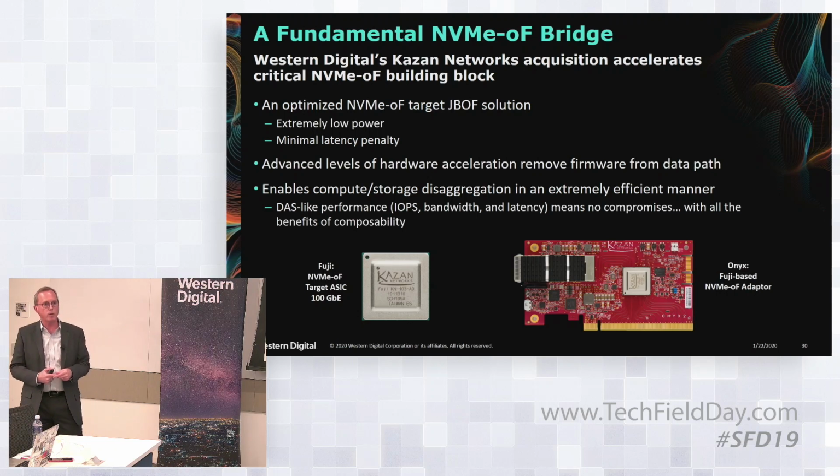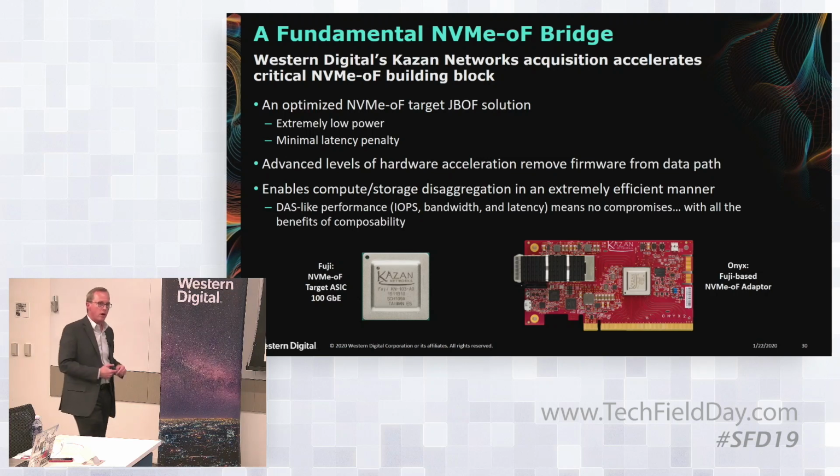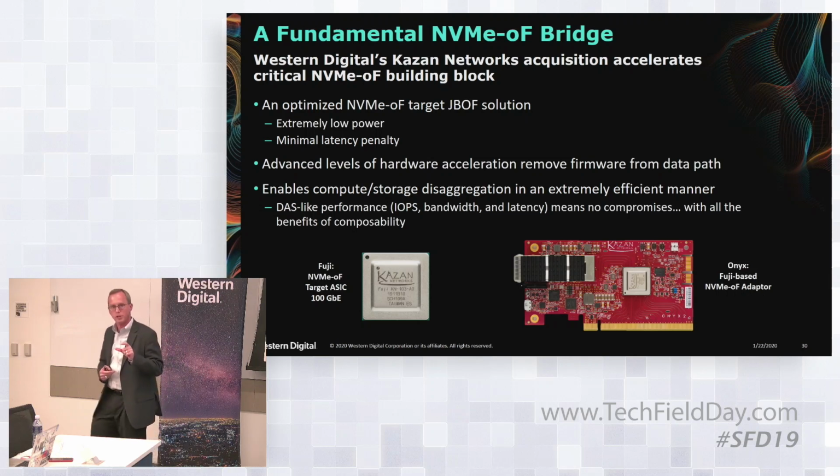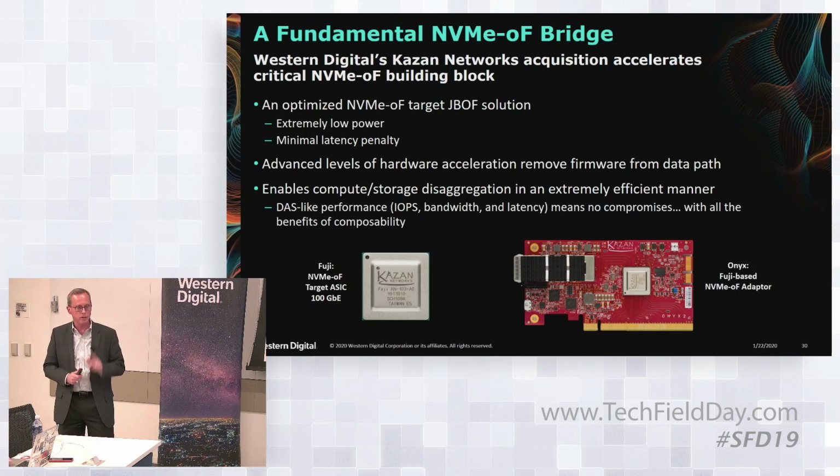It's a very high performant ASIC from end to end in the I/O path. It's all hardware based. There's no firmware interference. So from this bridge to go from one end to the other in a single pass, it's inducing less than half a microsecond of latency. That's the starting point. That's on the target.